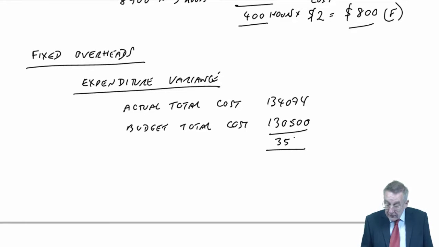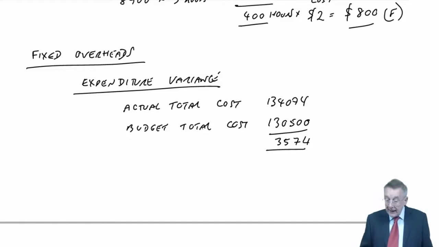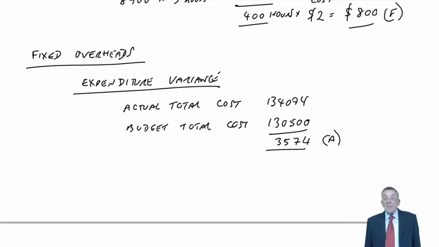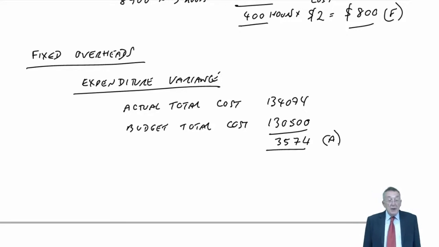And so we have overspent, and as always we want to know why, but we've overspent by 3,574. Because it's an overspend, less profit, it's adverse. So that one's easy. And we've now dealt with all the costs.